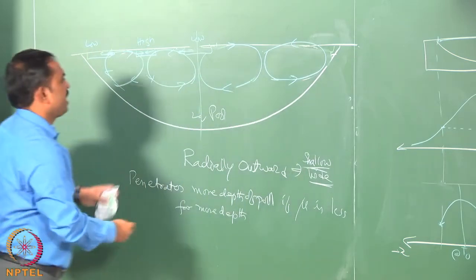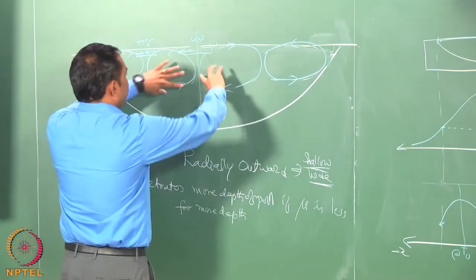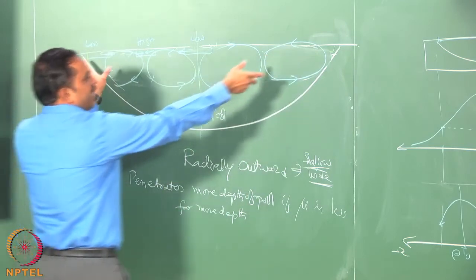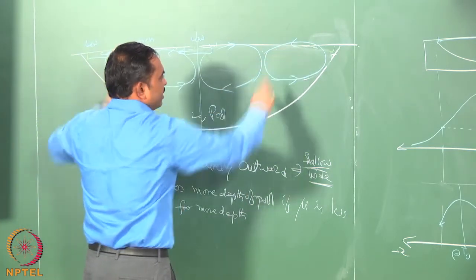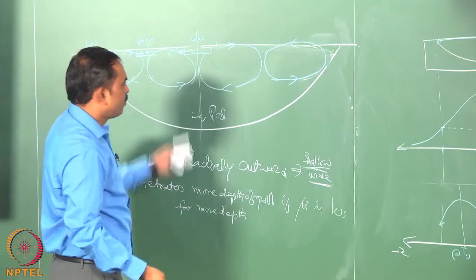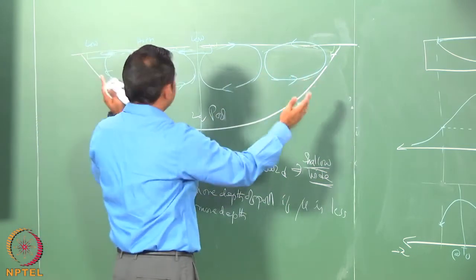At the center it is away, but at the ends it is inward. This inward flow at the ends is going to make the pool not very wide, but slightly narrow.